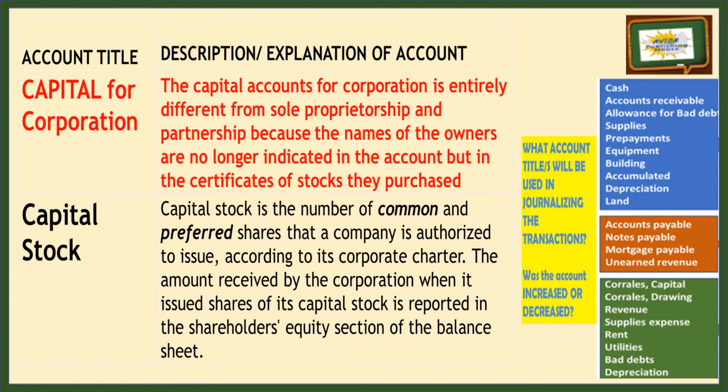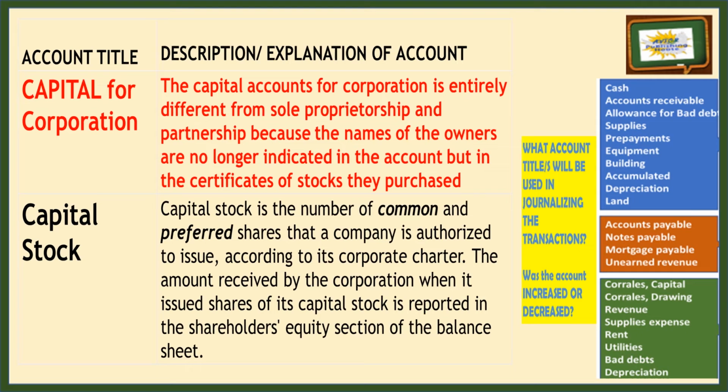So the capital accounts used for corporation will be capital stock because the corporation raises capital from issuance of stock. So there are two kinds of capital stock, common and preferred share. But now it is being called ordinary for the common and preferred is called preference share.